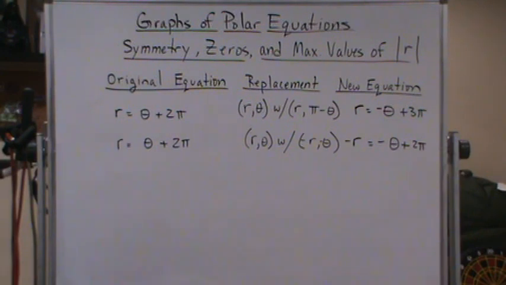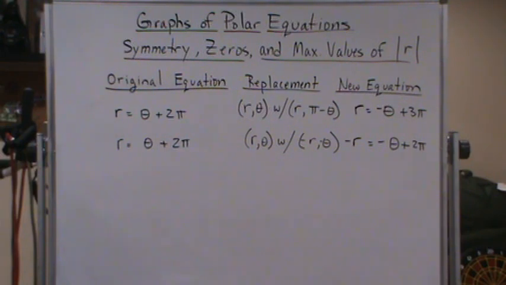But also note that it's a function, r is a function of sine theta. And its graph is symmetric with respect to the line pi over 2.